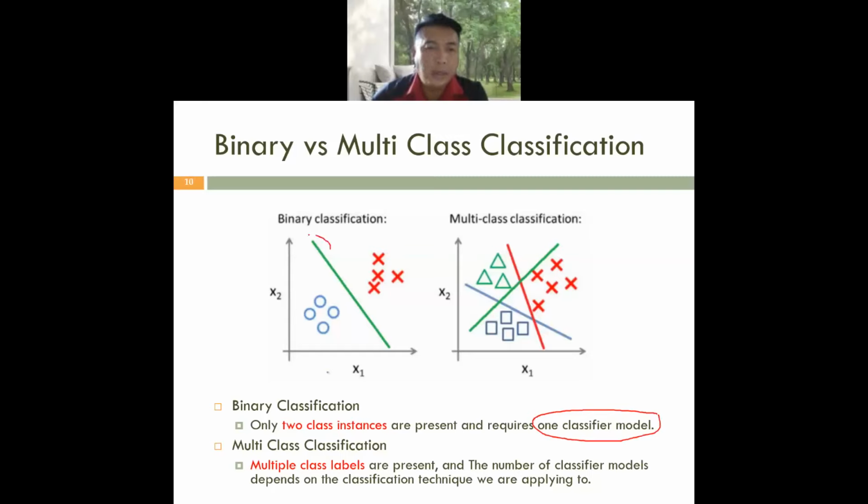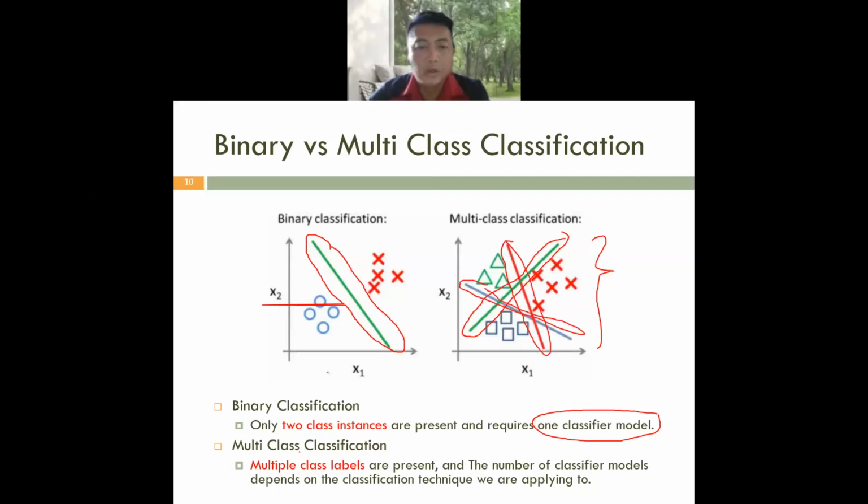So we only need a model that will be able to draw this line to separate the two sets of classes. However, if you have multi-class classification, we have more than two classes. So basically, we need three models here: one to draw this line, one to draw this line, and one to draw this line.